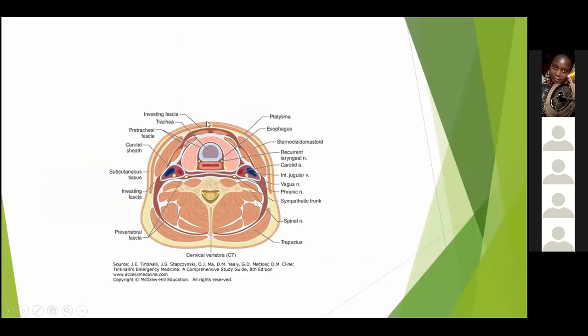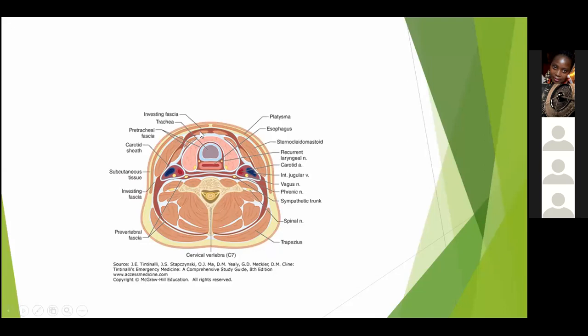Here we see that you're going to go through skin, subcutaneous tissue, then you have the platysma muscle. From platysma, you'll have the investing fascia, and then you have the muscles, for example, the sternothyroid muscle here.